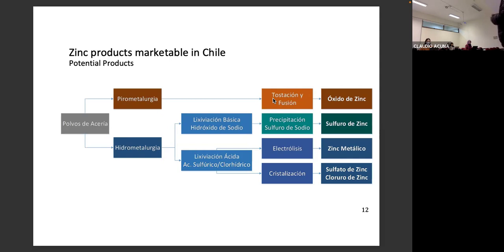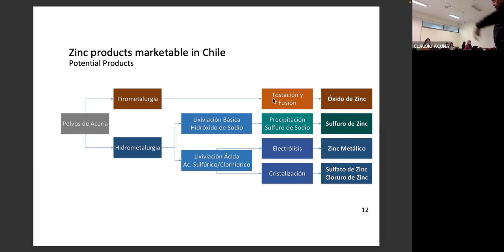In this case, it can be pure metal, that means electrowinning. It can be sulfate, for example zinc sulfate, or chloride. So that depends on the market. So we always need to see what the possible products are and determine the size of the market and the trend of the price, both extremes.